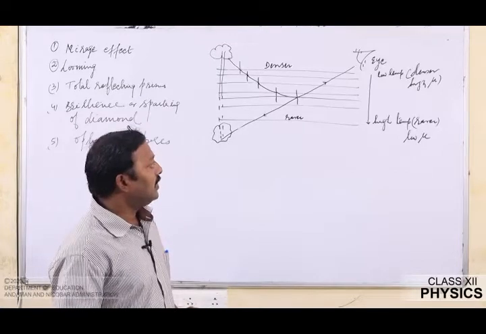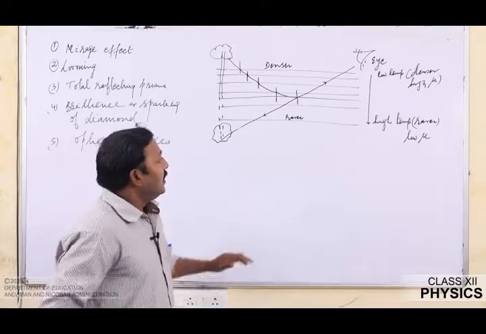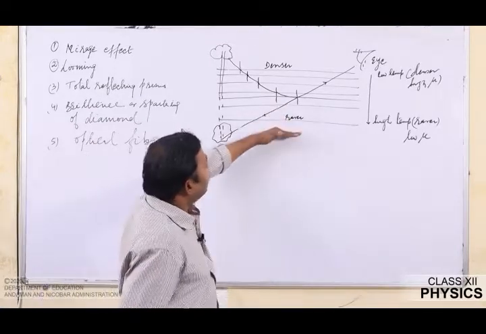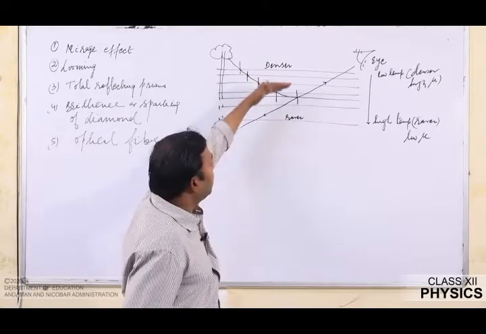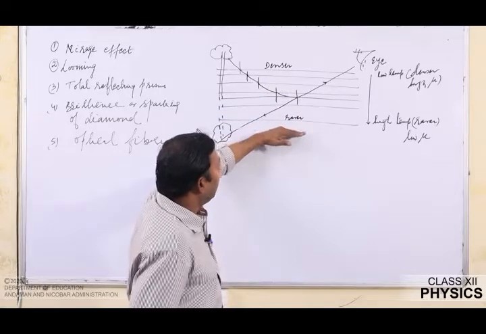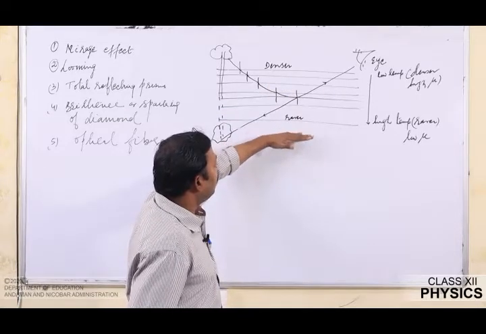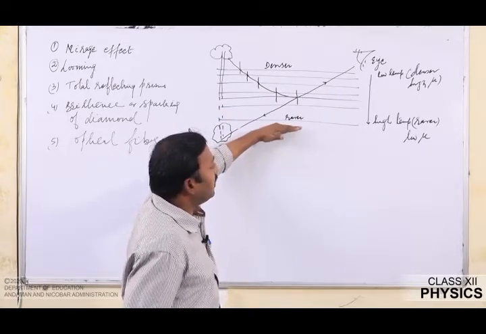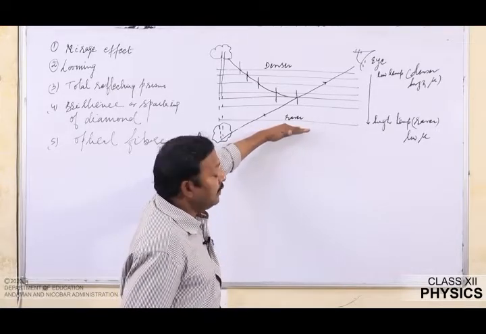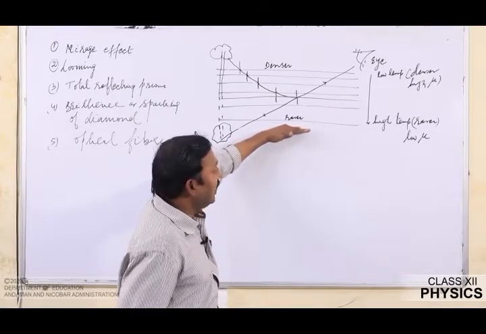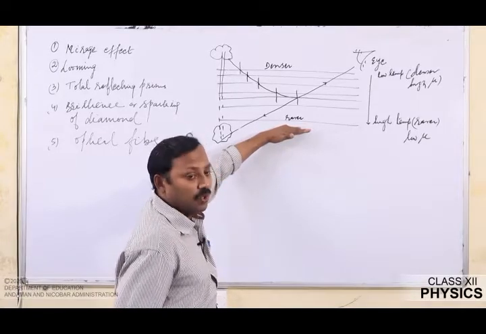Let us see how it actually happens. Here, during the summer season, the lower surface of the earth is hotter than the upper surface. As a result, the molecules of the lower surface move apart and the temperature is higher. Because of that temperature, the surface's medium becomes rarer and its refractive index is low.